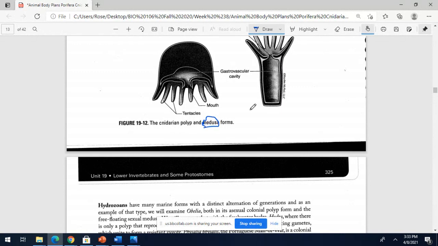The medusa form is this one here. All right. Not this, it's flipped around, and polyp is this one.